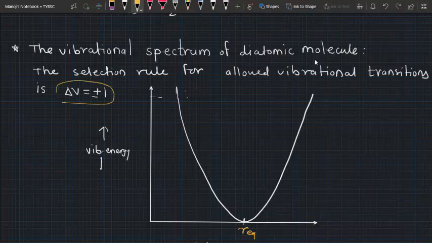It means that when a molecule interacts with IR radiation, its vibrational energy level can increase or decrease by 1 unit only. Listen carefully. So let us focus on this graph.